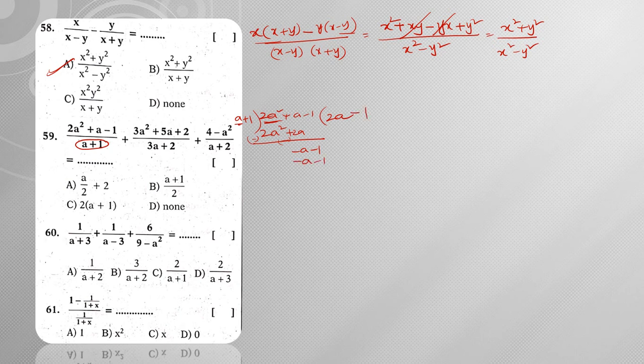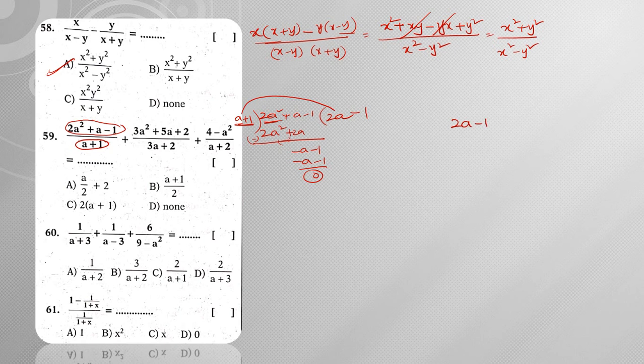Then this becomes minus a minus 1, remainder will be 0. That means this numerator 2a square plus a minus 1 can be written as a plus 1 into 2a minus 1. Already in the denominator we are having a plus 1, that a plus 1 gets cancelled. Then this whole term I can write as 2a minus 1.